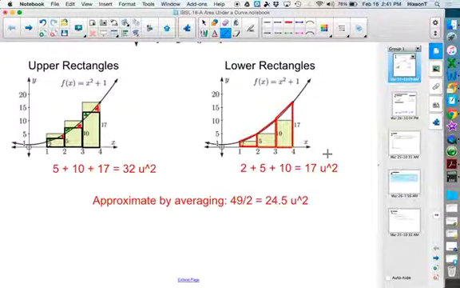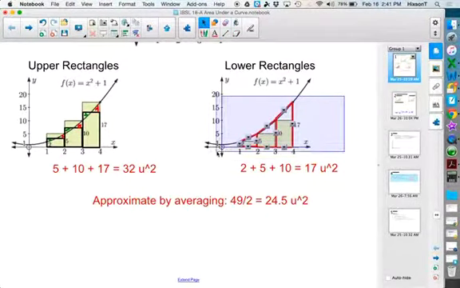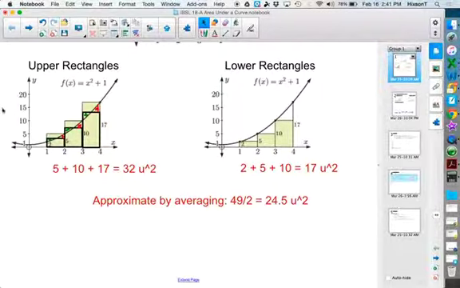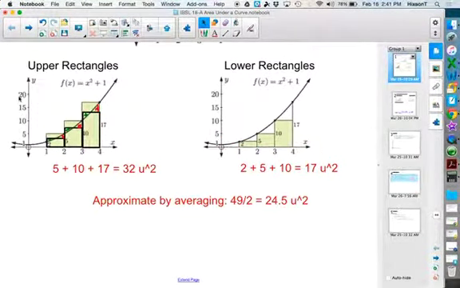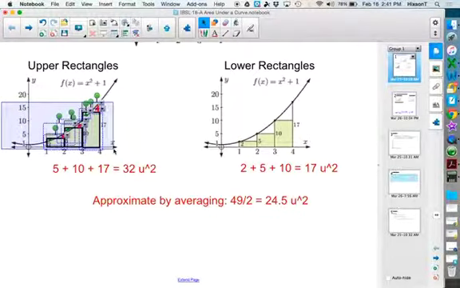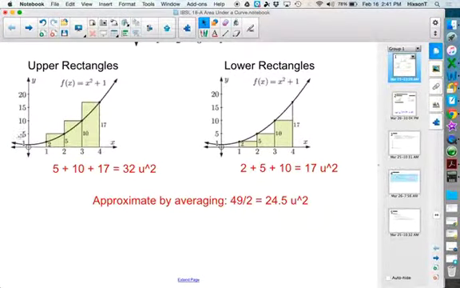So there are a number of different ways that we could do this, but let's go back to our rectangles. And I want you to think about our rectangles here. Okay, let's get rid of all this. How could I make this more accurate?